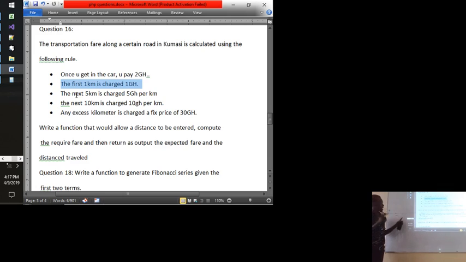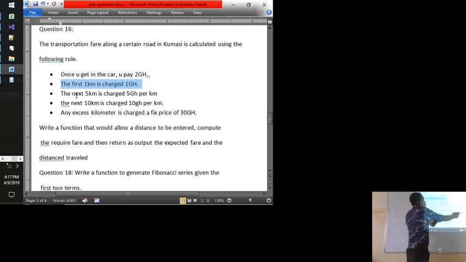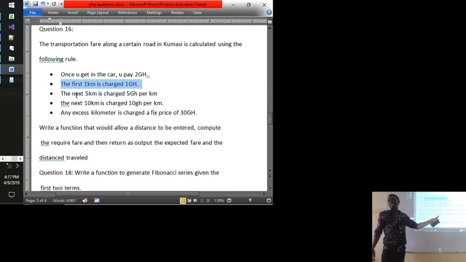The 8 kilometers, 5 is falling in this range. And then the remaining falls in this. It will remain 3, right? So that means the person is alighting somewhere here.